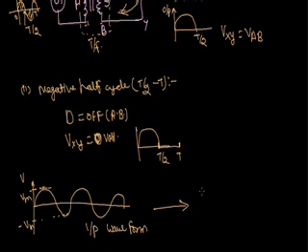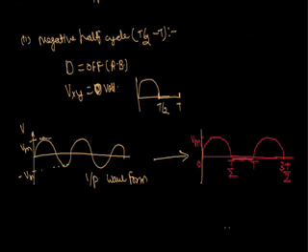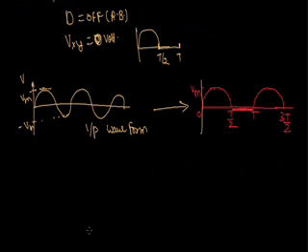What we will get is this: from 0 to T by 2 we get Vm, then in the negative portion the voltage will be 0, and then Vm again from T to 3T by 2. This is the half wave rectifier, because we only get half cycles.